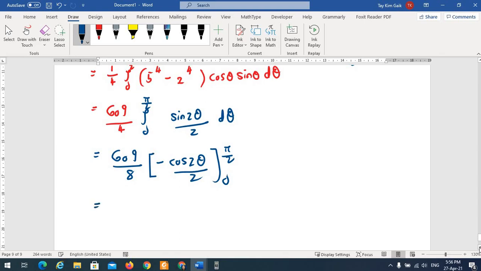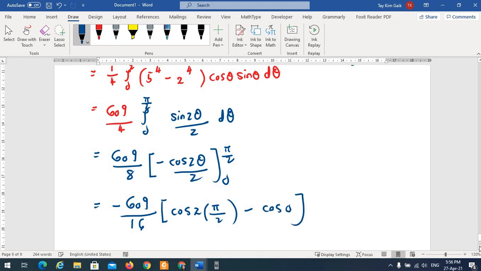So I factor out negative 609, so 8 times 2, 16. And then cos: replace theta by pi over 2, minus cos 0.